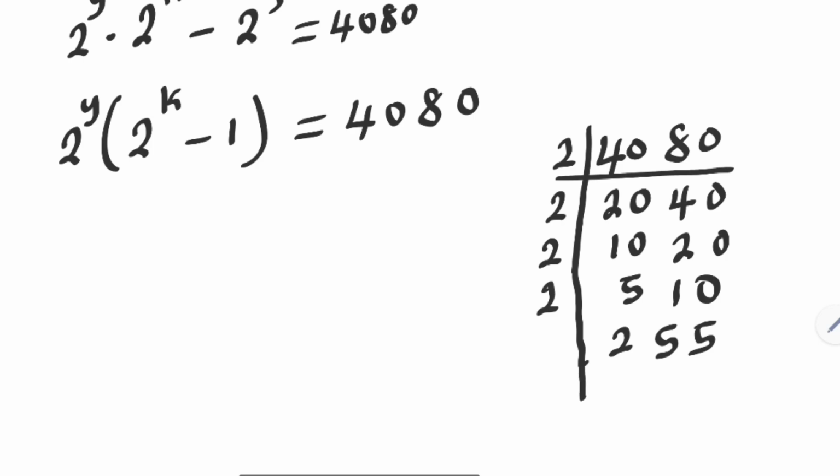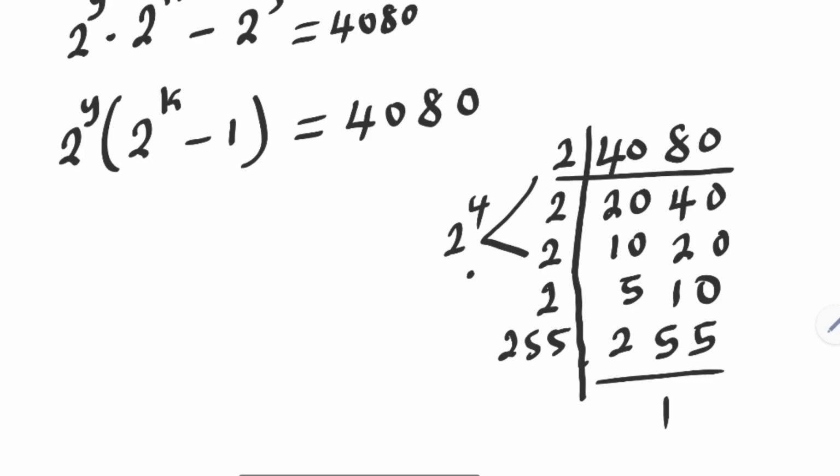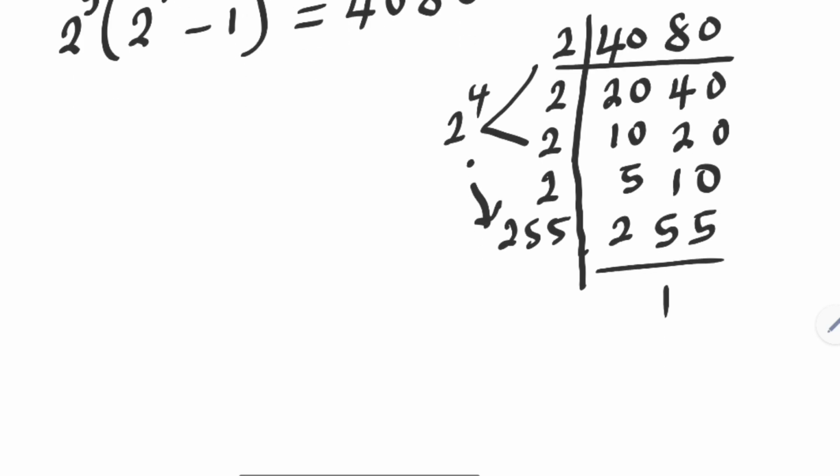Then let's see. This is 255. Here is 1, then we have 1, 2, 3, 4. 2 raised to power 4 multiplied by 255. Therefore, 4080 is equal to 2 raised to power 4 multiplied by 255.